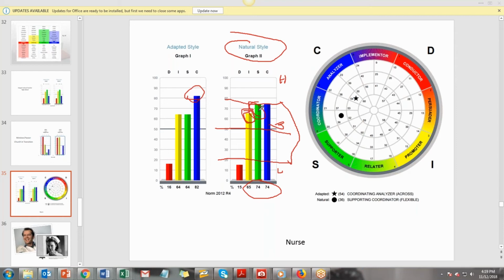No areas of concern; if it was a low S, I would be worried about it. The C, like I said, is about following rules and documentation and quality control and all that stuff healthcare people are about. And when I talked to him, I said, tell me, what do you like most about your job? And he said, I love my patients.